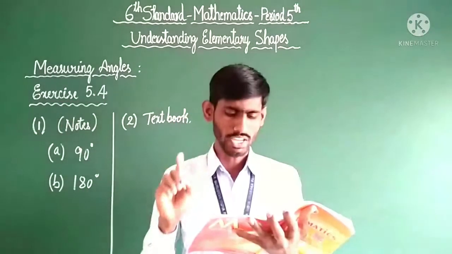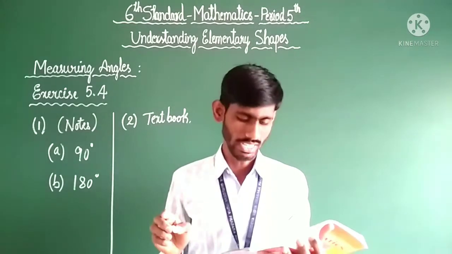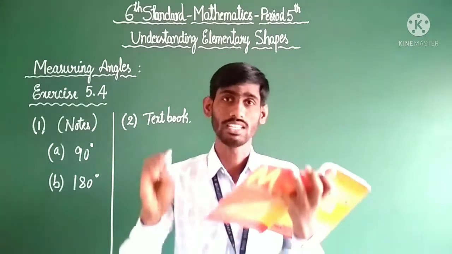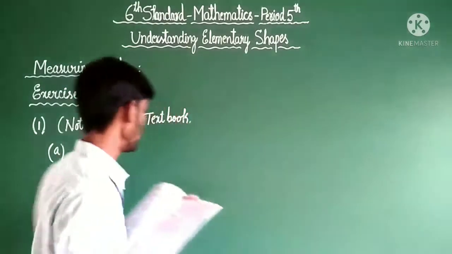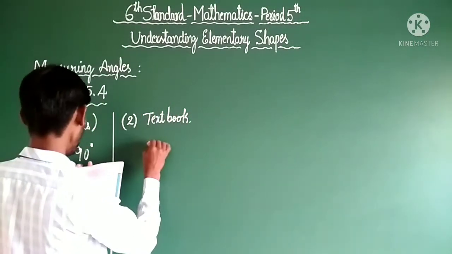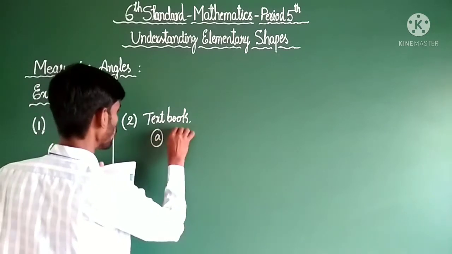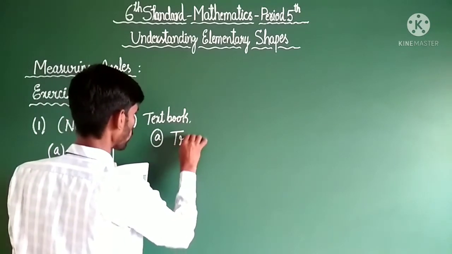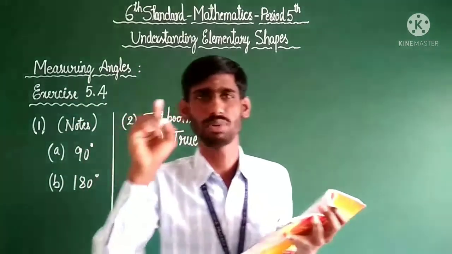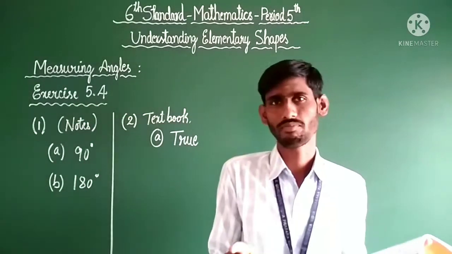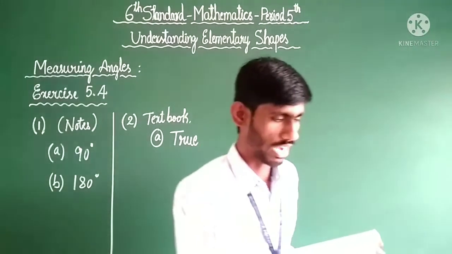The measure of an acute angle is less than 90 degree. Is it correct? Yes, the acute angle is always less than 90 degree. So the statement, second main, first subquestion A, is true. If less than 90 degree, we can call that particular angle an acute angle. Clear? Less than 90 degree.